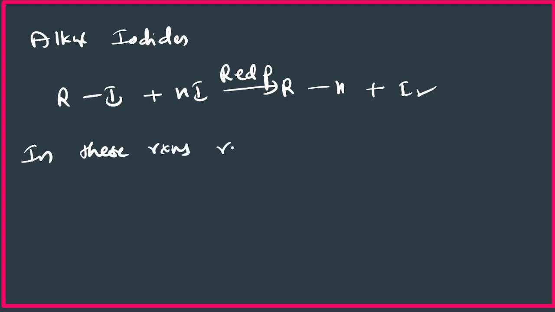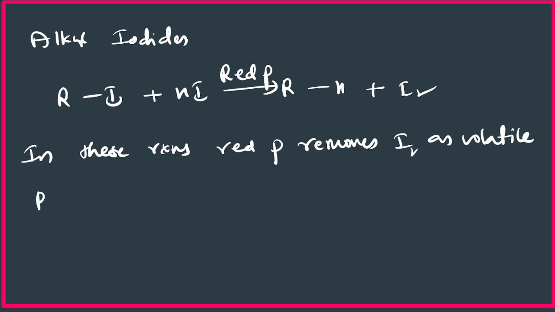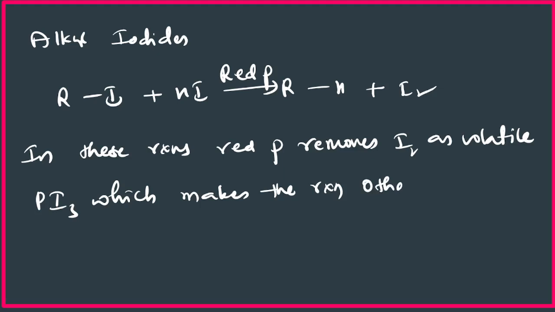See, in these reactions red phosphorus removes I2 as volatile phosphorus triiodide, PI3, which makes the reaction go forward, otherwise it is reversible.